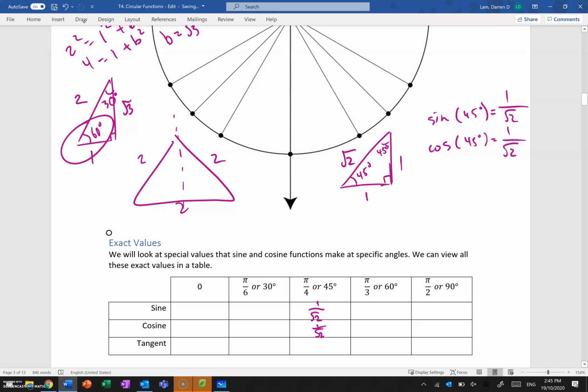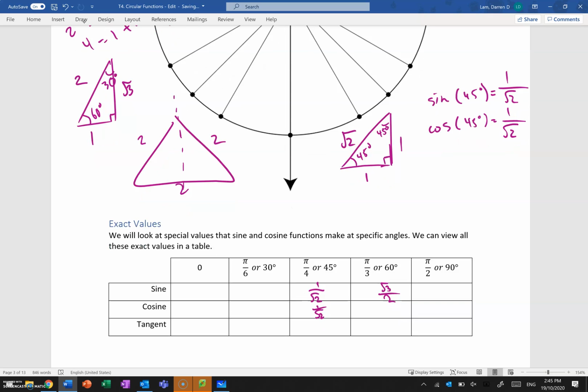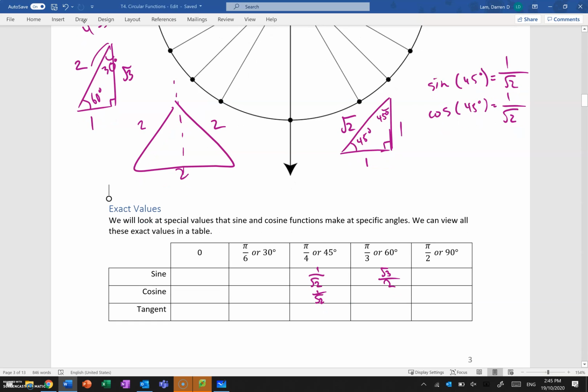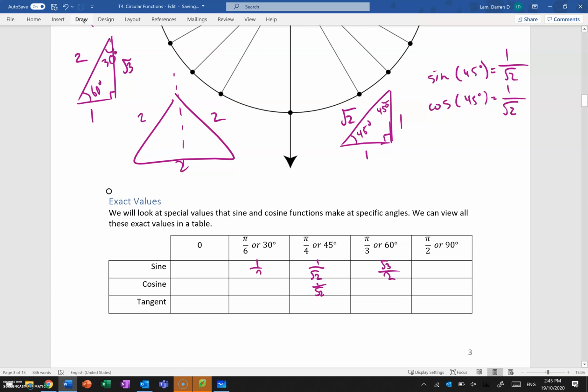I pick this angle there, and the opposite would be root 3. So sine 60 is root 3 over the hypotenuse, which is 2. Let's do sine 30. I'm looking at this angle over here. The opposite would be 1, and the hypotenuse will be 2, so 1 over 2.